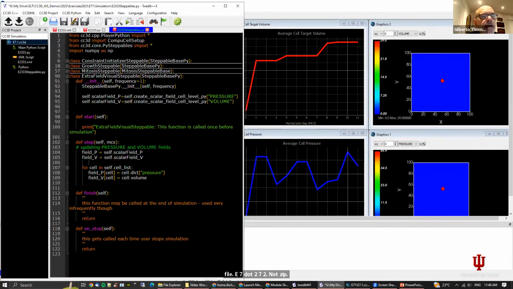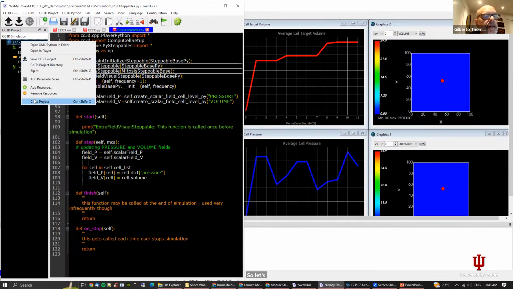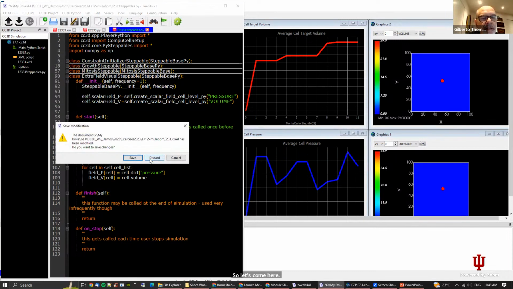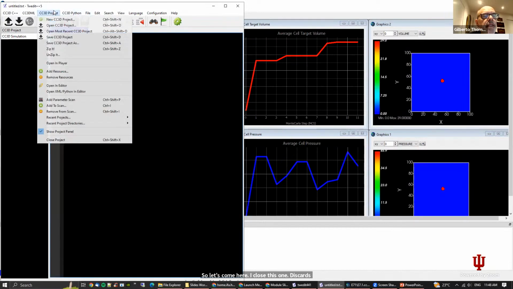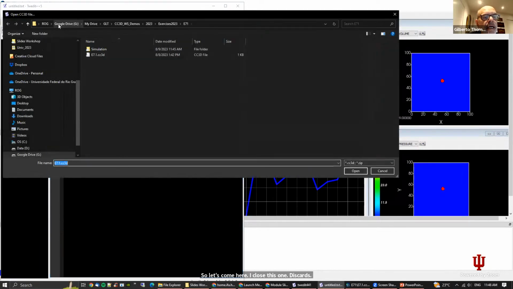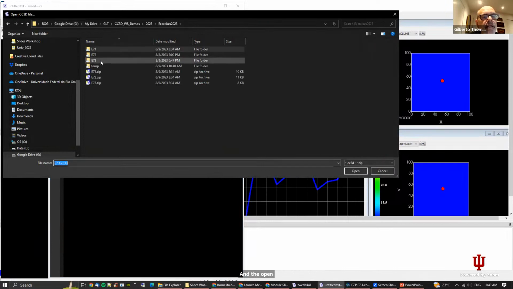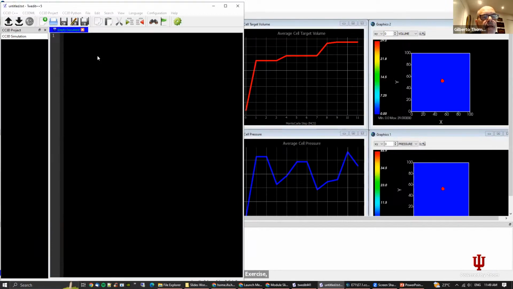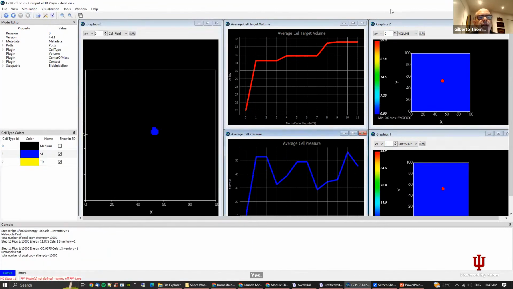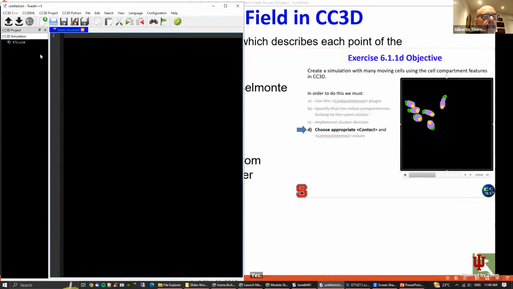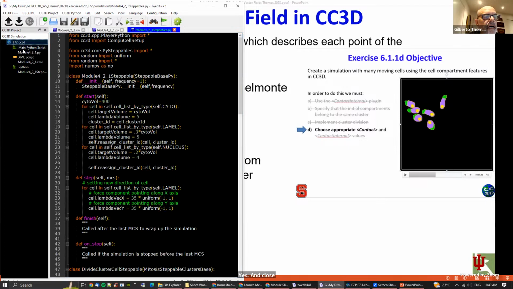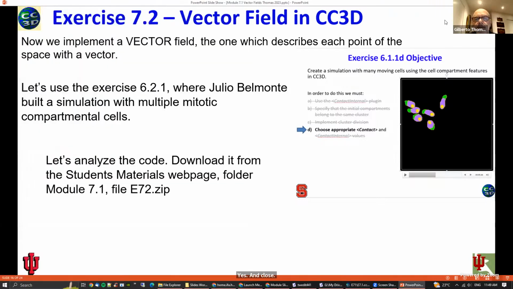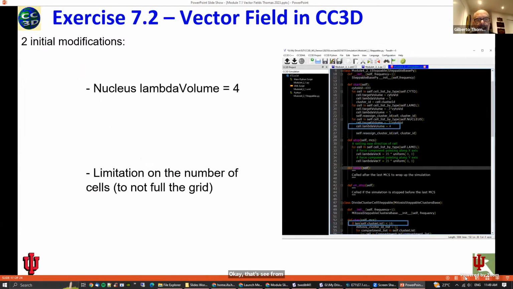So let's come here. I'll close this one, discard, and open exercise 7.2 here. I'll close this one. Okay, let's see from here to begin.